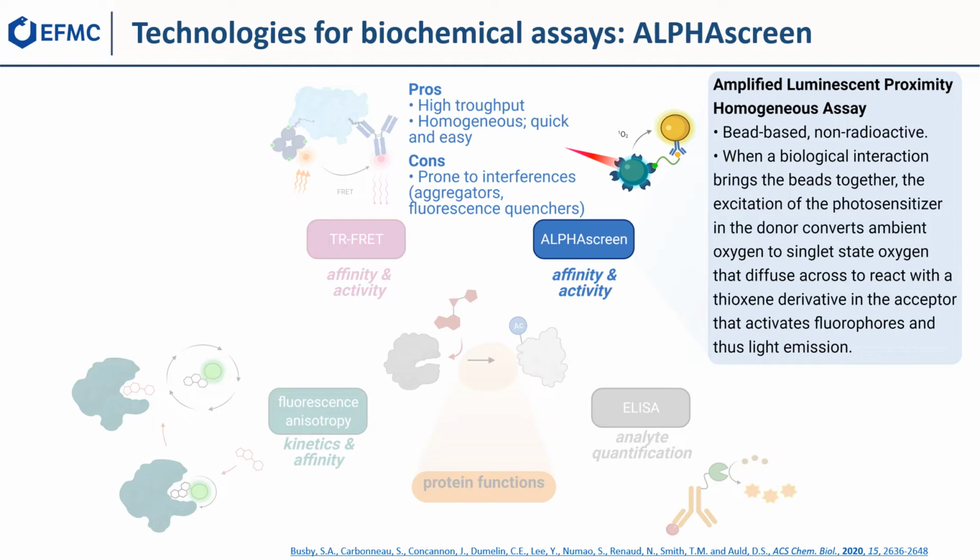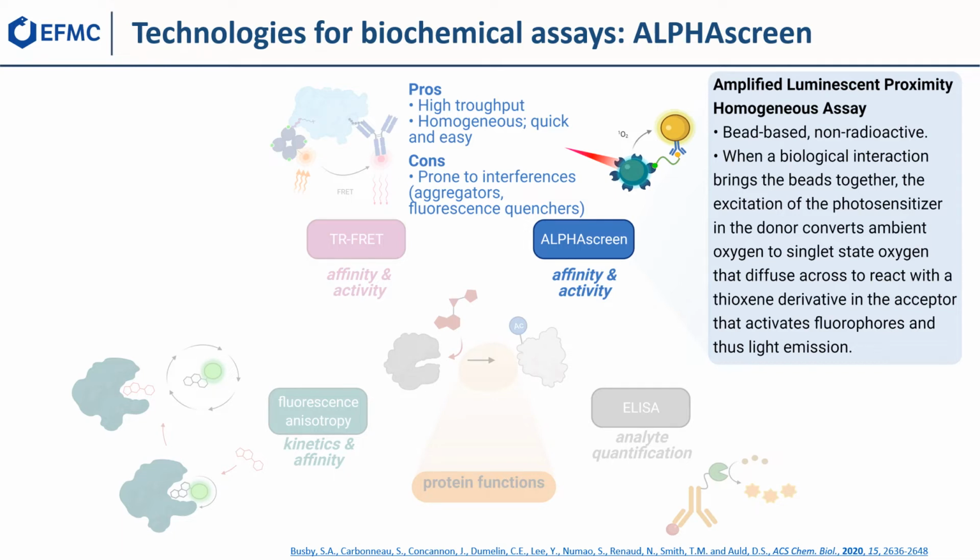When a biological interaction between molecules brings the beads into proximity, a cascade of chemical reactions is initiated to produce a greatly amplified signal. The donor bead contains a photosensitizer that converts ambient oxygen to the singlet state upon laser excitation. The acceptor bead contains a thioxene derivative that reacts with the singlet oxygen to generate chemiluminescence.